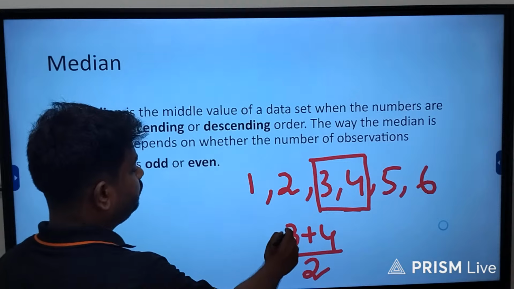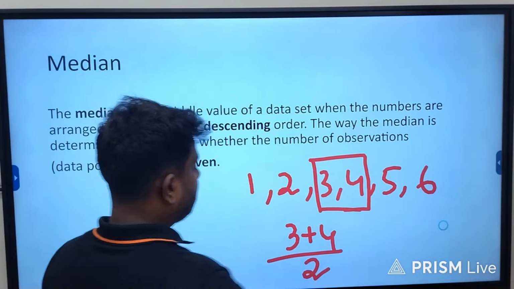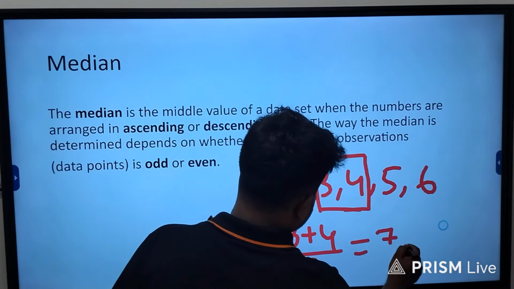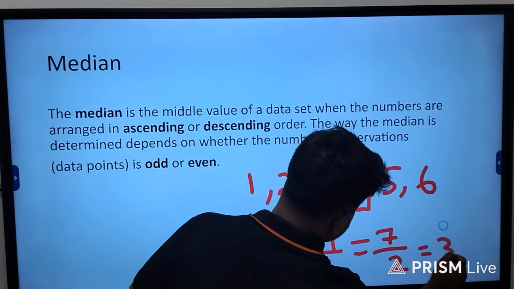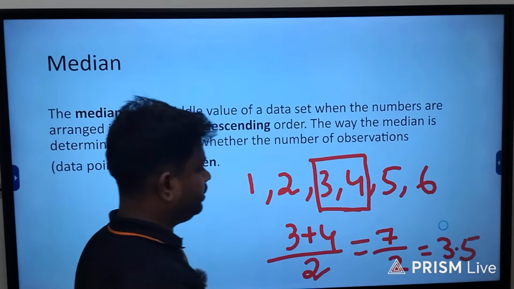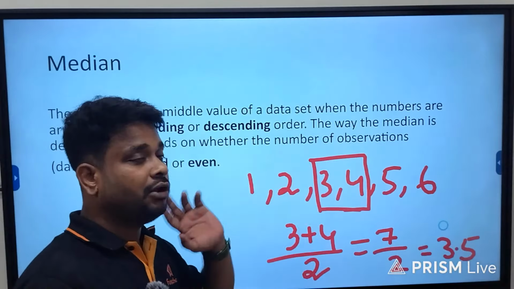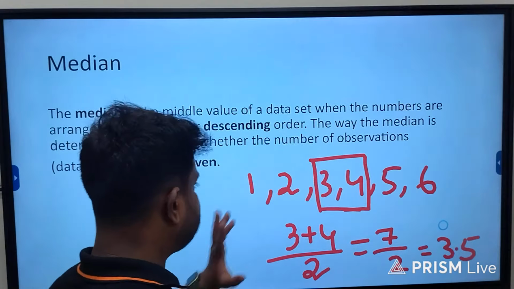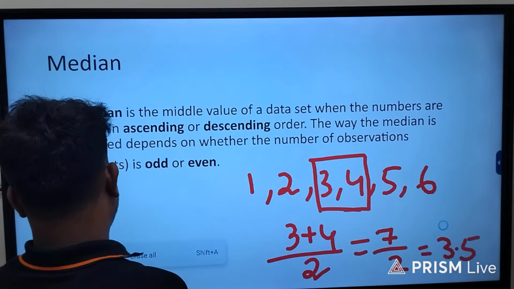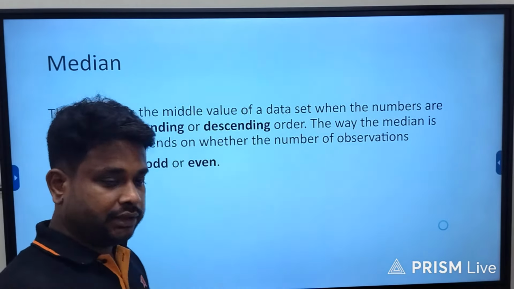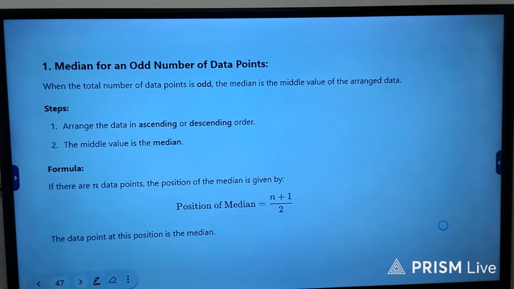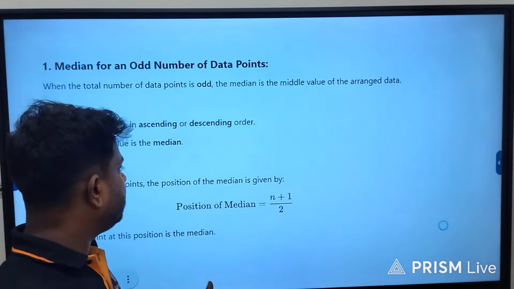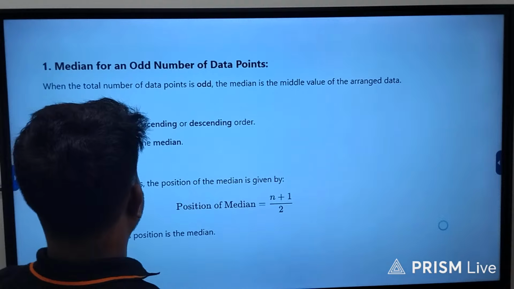That will be 3 plus 4 divided by 2, which is 7 by 2. That means it will be 3.5. That will be the middle of the given data. So this is the example of median.